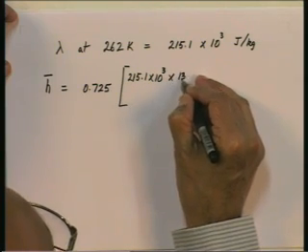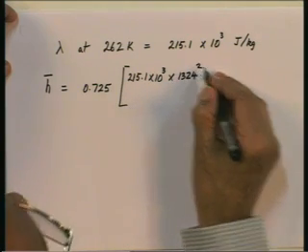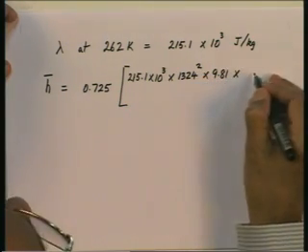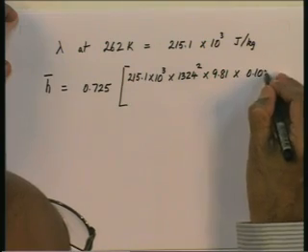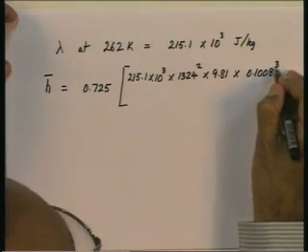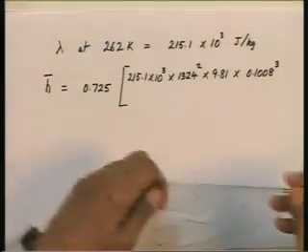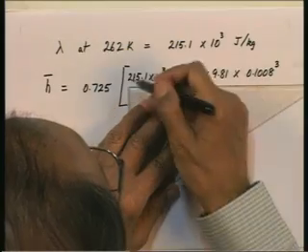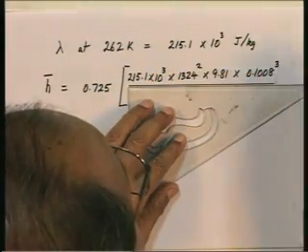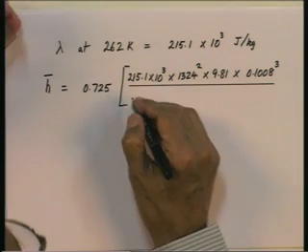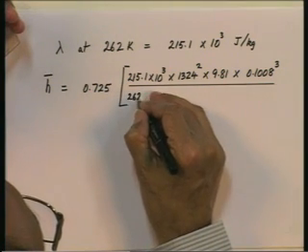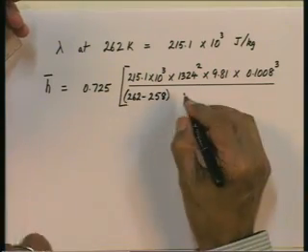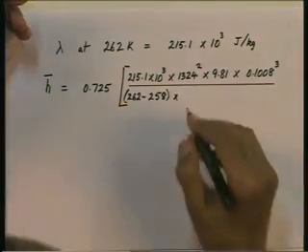Rho squared is 1324 the whole squared into G, which is 9.81 into K cubed, 0.1008 cubed, the whole thing divided by 262 minus 258, that is the delta T, T s minus T w, multiplied by mu. Mu is nu rho.